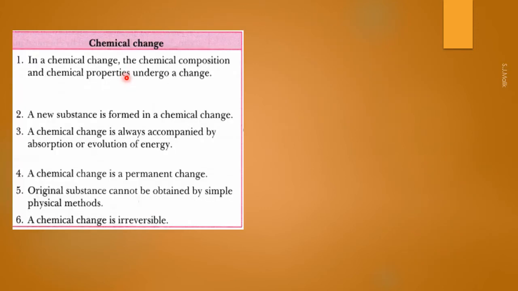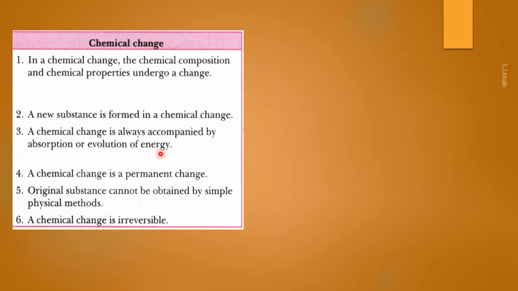Chemical change. In a chemical change, total chemical composition of the substance undergoes a change. Chemical properties are changed. Here, a new substance is formed. And a chemical change is always accompanied by absorption or evolution of energy. कोई भी chemical change होता है तो उसमें energy या तो use होती है या energy release होती है.